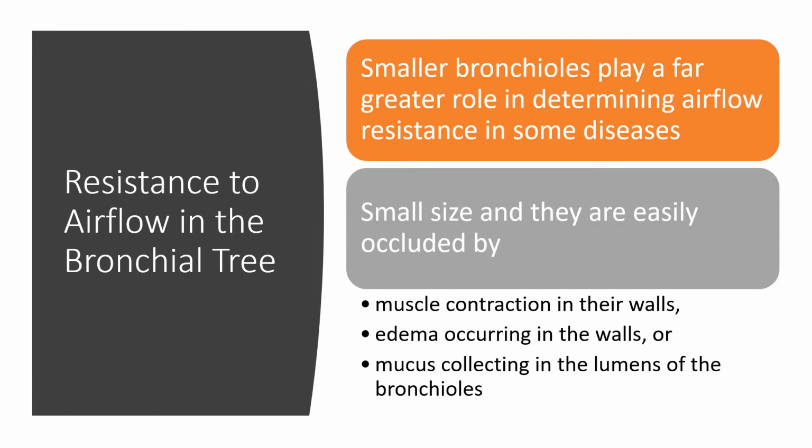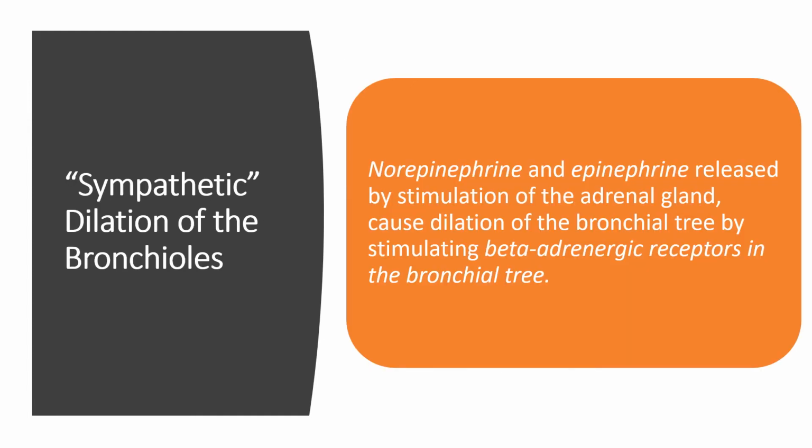Because smaller bronchioles are easily occluded by smooth muscle contraction, by wall edema, or by mucus collection in the lumens, they play a significant role in determining airway resistance in some diseases. Direct control of the bronchioles by sympathetic nerve fibers is relatively weak.